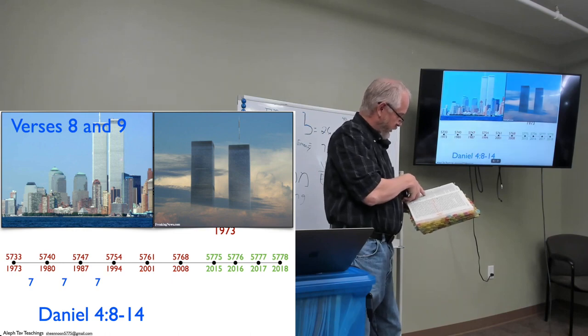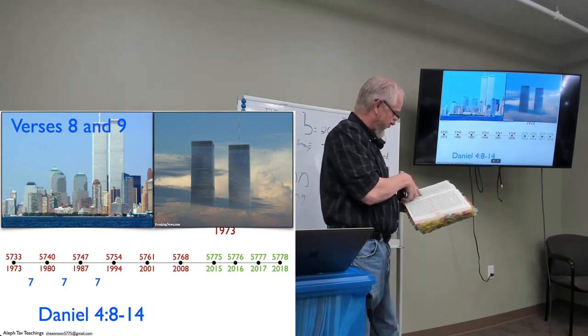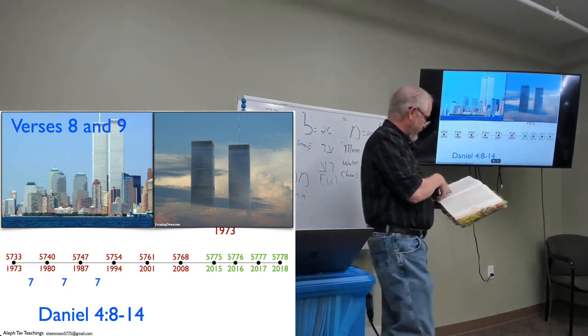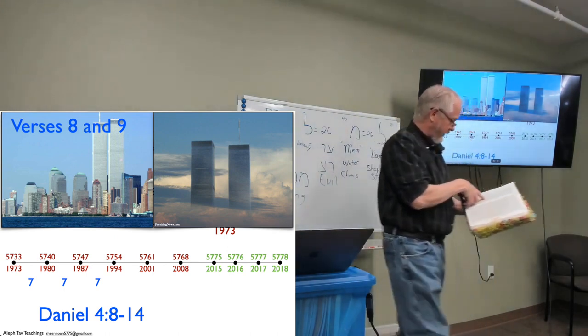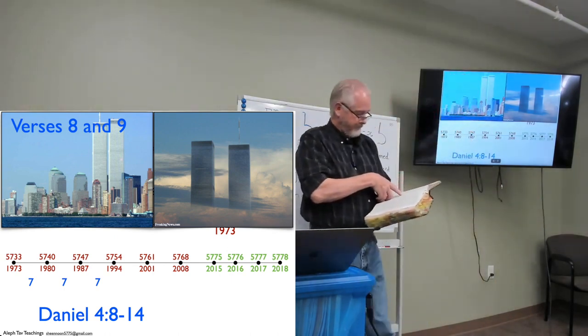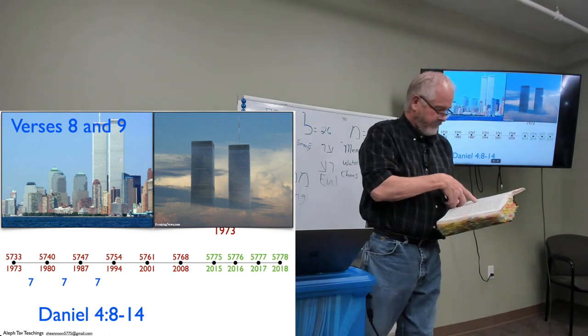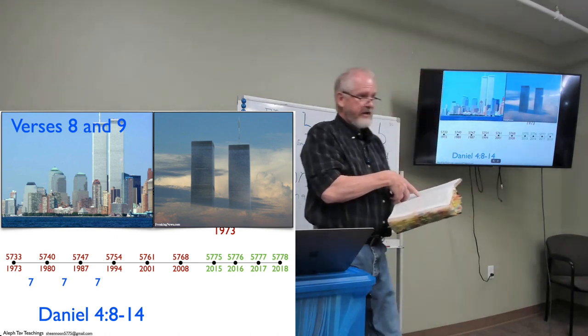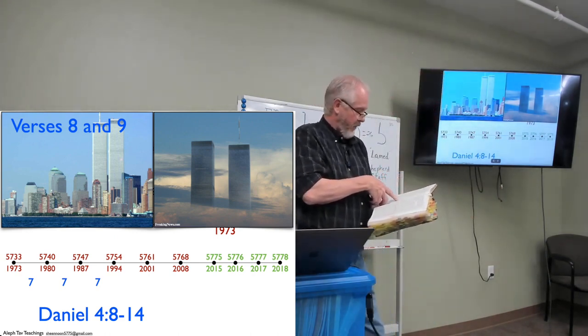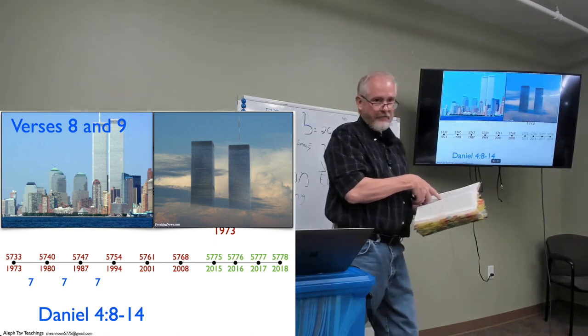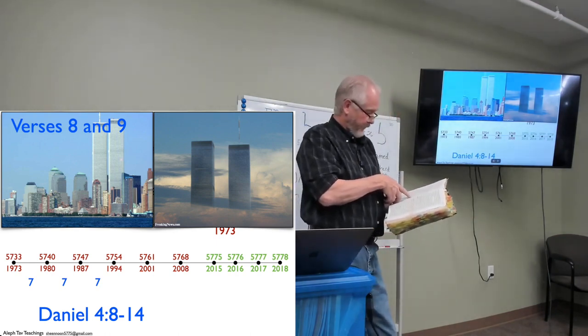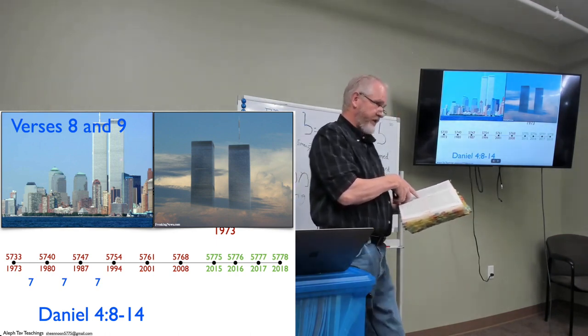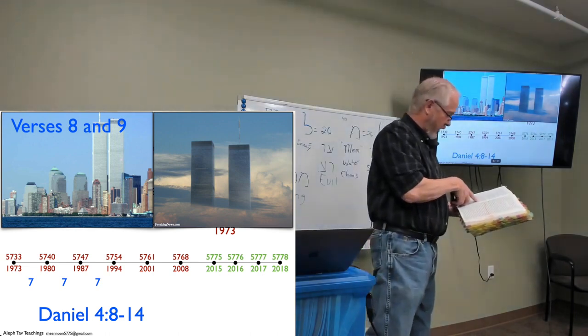Its foliage was beautiful and its fruit plentiful. Where it says fruit, there actually links to Revelation 18:14 if you want to write that down. You'll see it talk about fruit. And Revelation 18 is actually where Babylon starts falling.